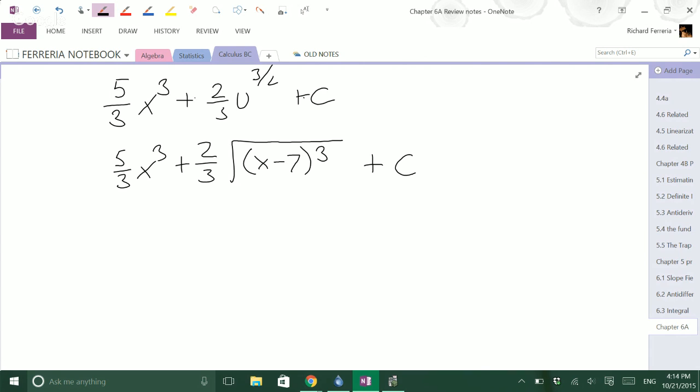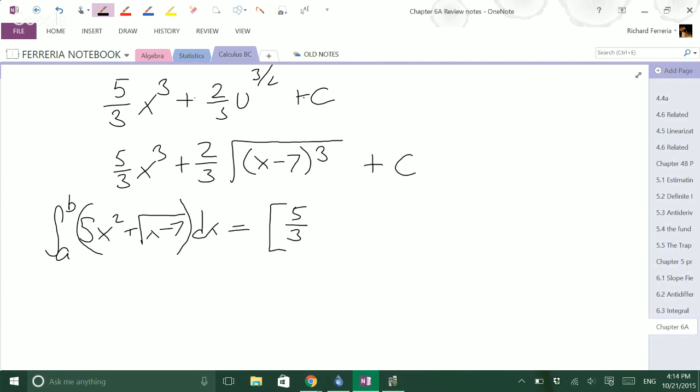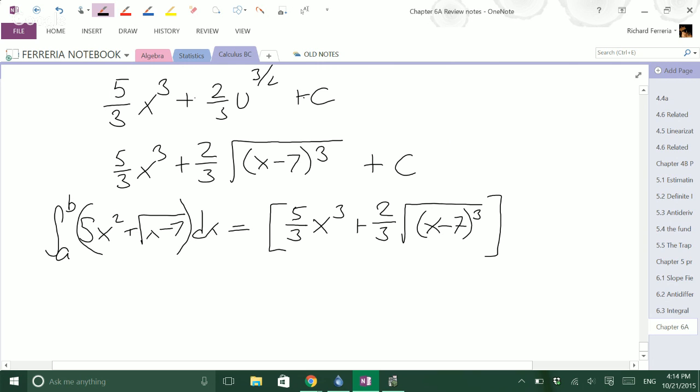Okay. But kind of note this: I'm going to actually rewrite the entire thing. That's now going to be equal to 5/3 x cubed plus 2/3 x minus 7 cubed from A to B. Could we make the radical like to the 3 halves?